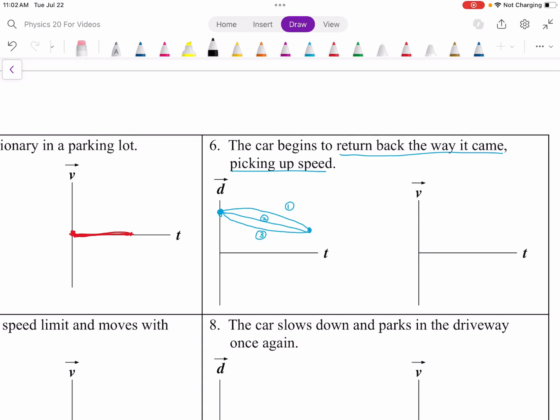So let's think about this now, okay? It needs to be getting faster and faster to the south, right? Back towards home. So each second that goes by, it should be covering a greater southward distance. So if you look at option 1, 1 second goes by, it goes a little bit towards the south.